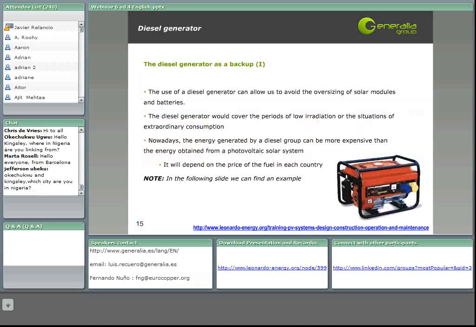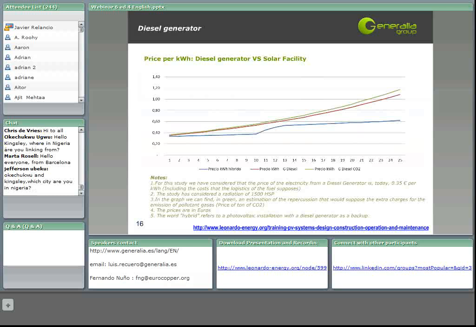So we will only use the diesel generator for extraordinary consumptions. Our goal must be covering the basic demand with the PV modules and just using the diesel generator for the peaks of consumption or for those periods when we don't have any sunlight for several days. Anyway, it will depend on the price of the fuel in each country where we are considering the project.